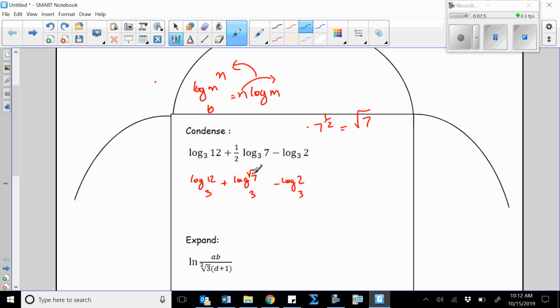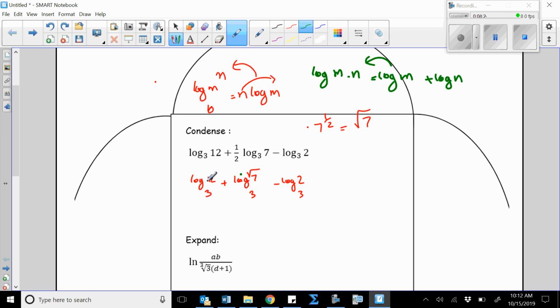The next step is to work on the first two logs that we have. We have a plus between two logs, and we learned that if you have log of m times n, this can be log of m plus log of n. So we're going to use this rule in reverse. If I have log of m plus log of n, this can be equal to log of m times n.